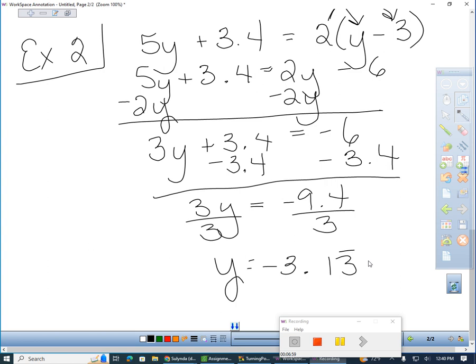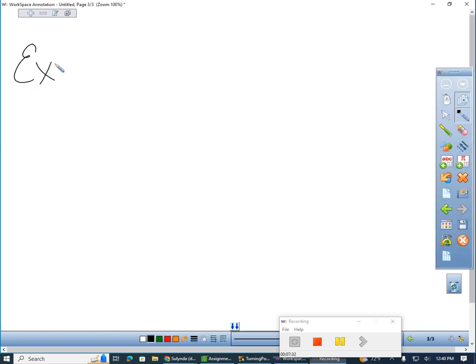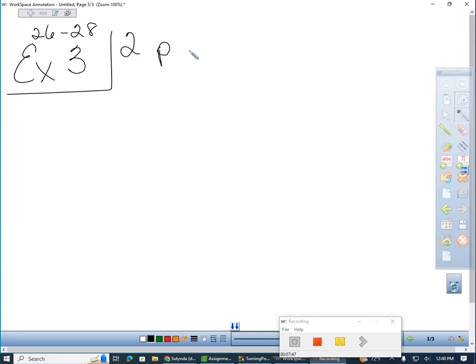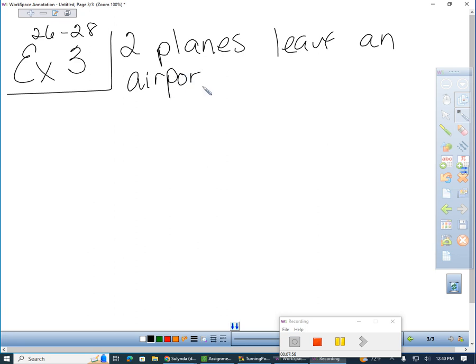Here we go with example number 3. All right, this is similar to 26 through 28. Two planes leave an airport at noon.